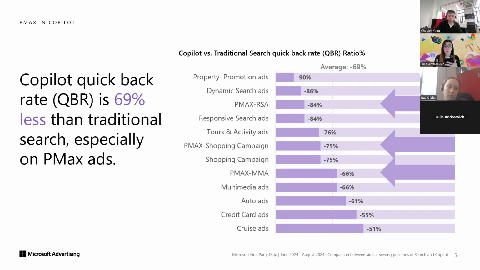We see that they perform as well, if not better in some cases, than manually created formats. So that means that you don't need to spend time fine-tuning individual ad types for every placement. Instead, you can just use Performance Max and it will take care of the heavy lifting. It automatically optimizes across formats, delivering results that match what you would achieve with manual setup, but it saves you time and effort.